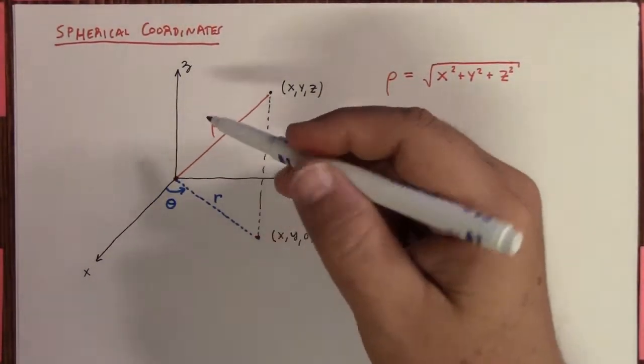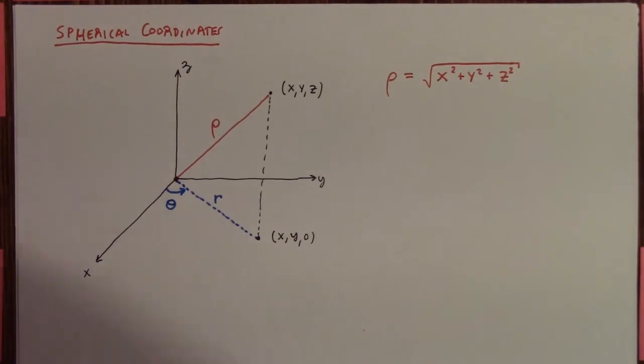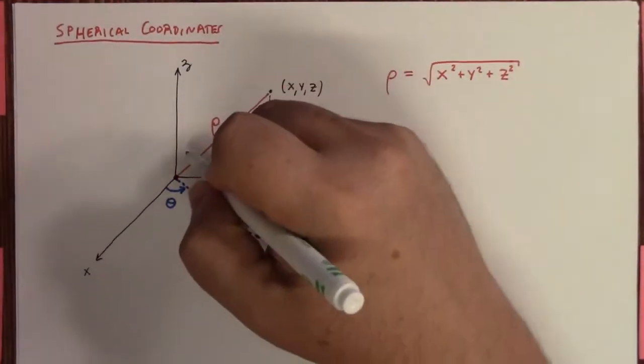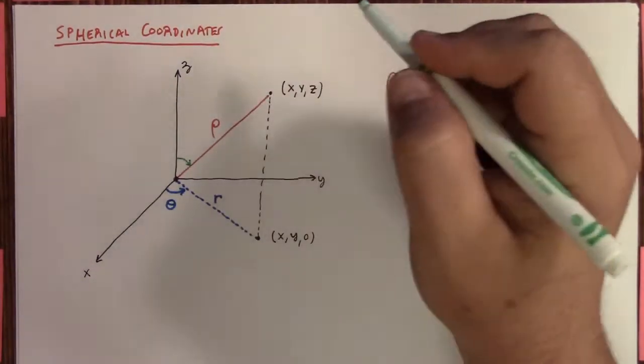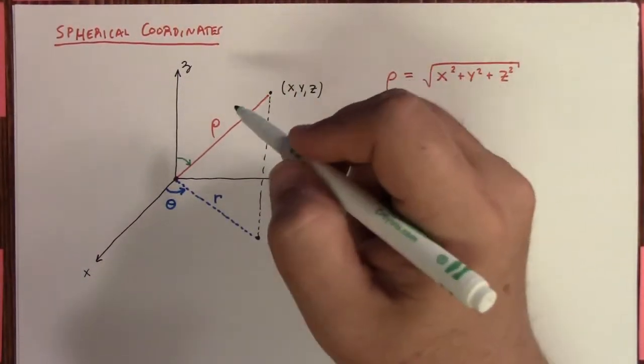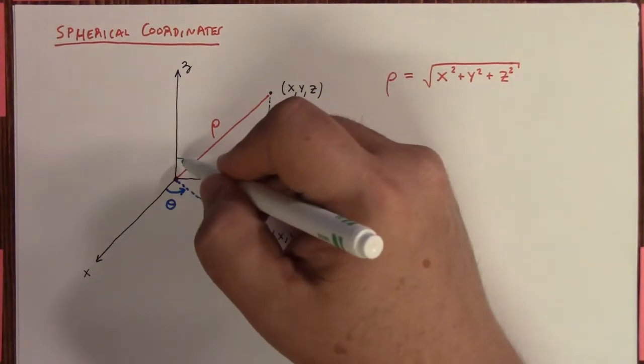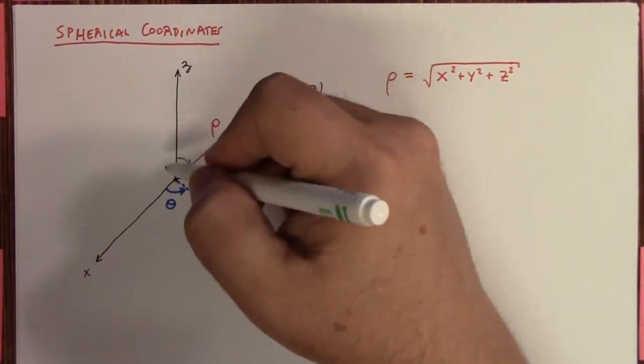what's interesting is we introduce a new angle, and that angle sweeps off the z-axis. It's annoying, but this is often called the polar angle because it's off the pole.